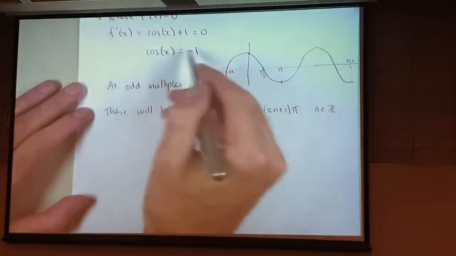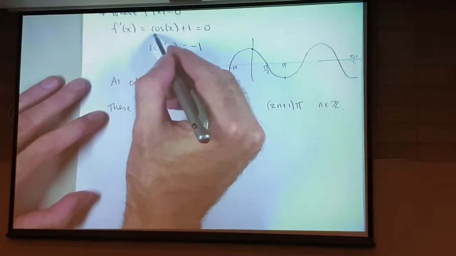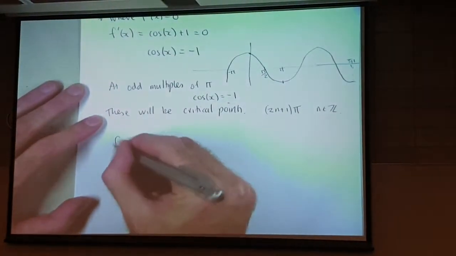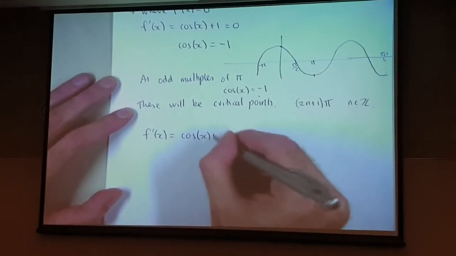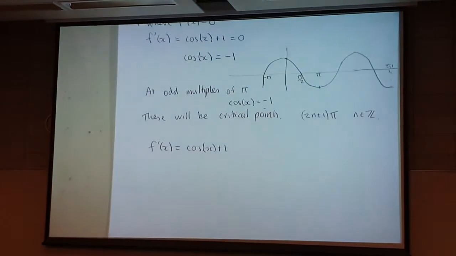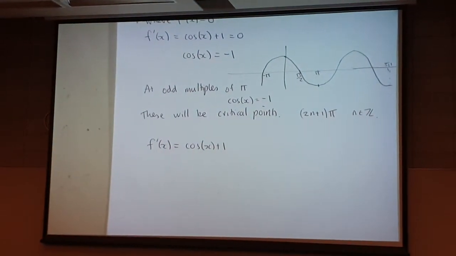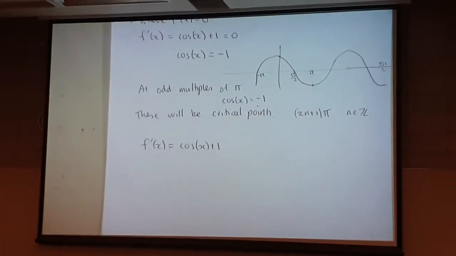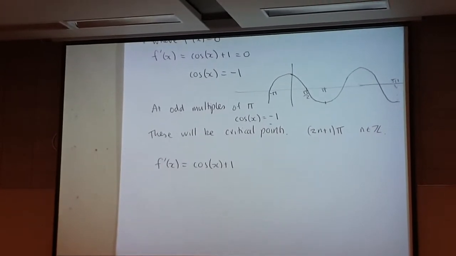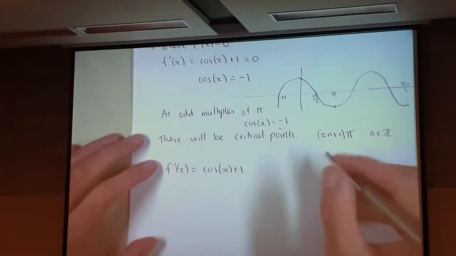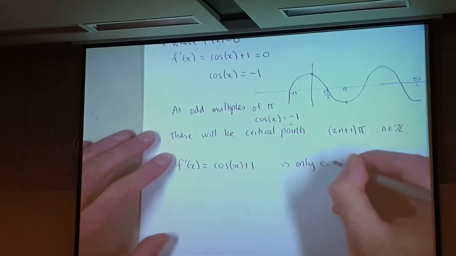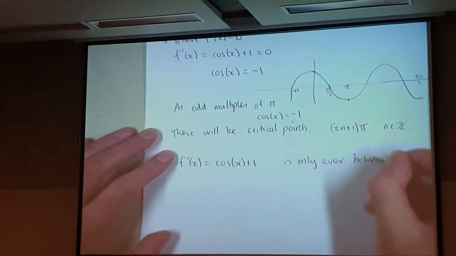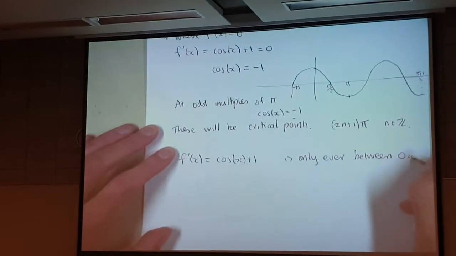But if we have a little look at what this f dash x is, it's cos of x plus 1. But because cos of x only ever stays between negative 1 and 1, that means cos of x plus 1 is only ever between 0 and 2.